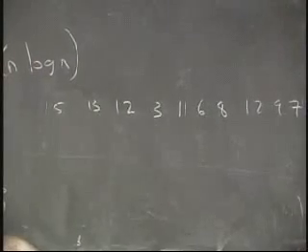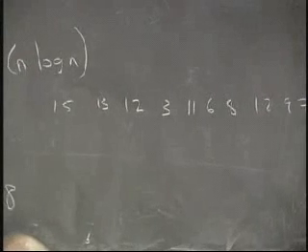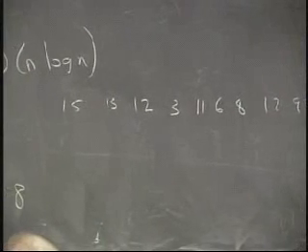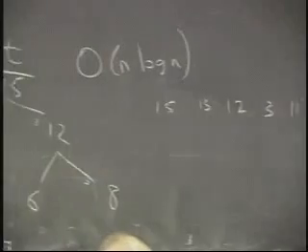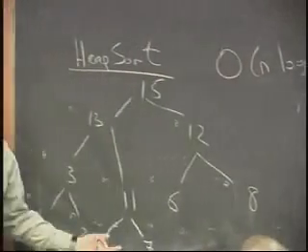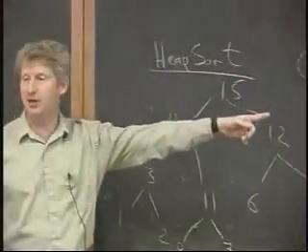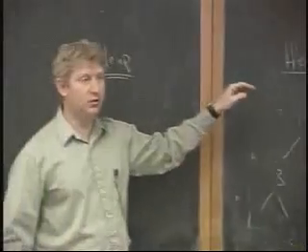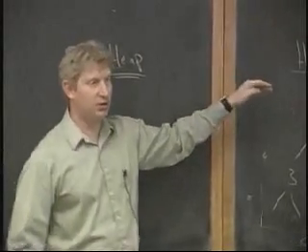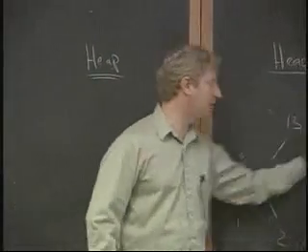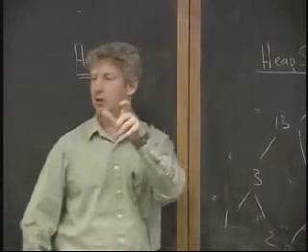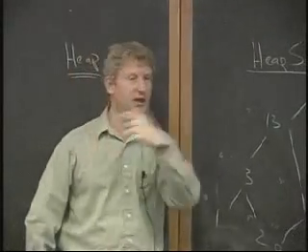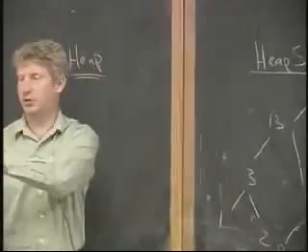This kind of an ordering of a binary tree is called level ordering. If I gave you a binary tree actually stored with left and right pointers and asked you to put it into an array like this, you could do it using a queue data structure. You would put 15 in the queue, you would take its children, put them in the queue, and then keep deleting from the queue, putting the children at the back of the queue.